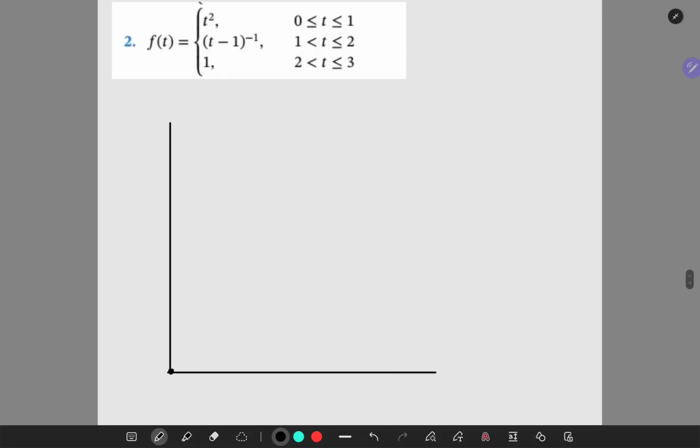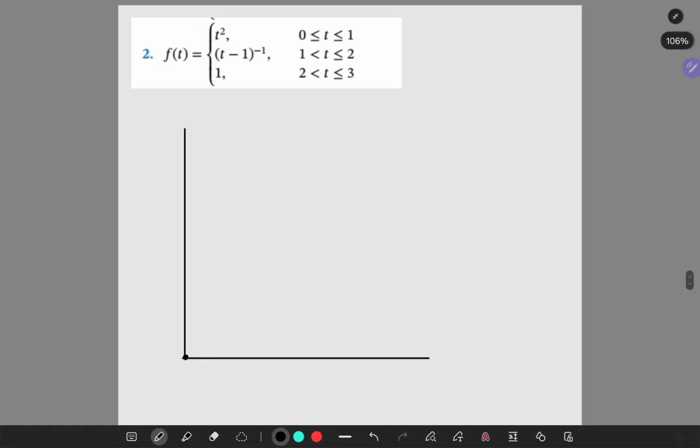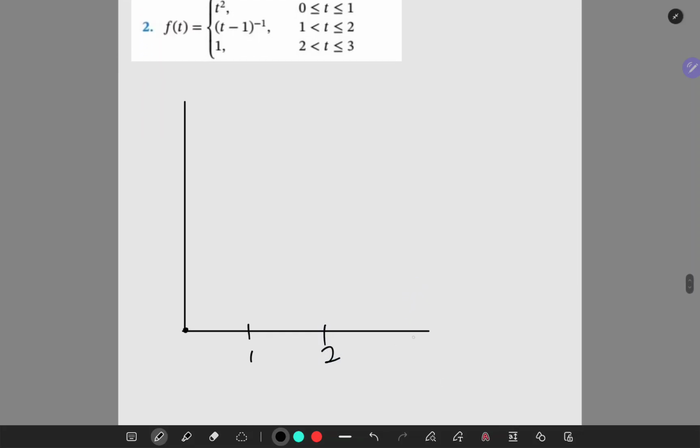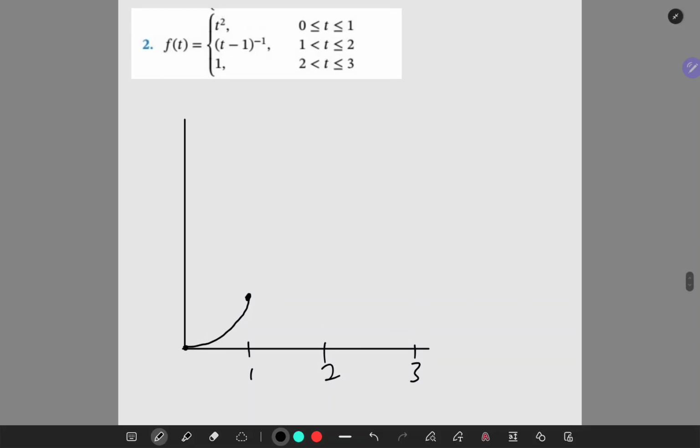Next one. Same thing, t squared from 0 to 1. I'm just looking at that second one there.